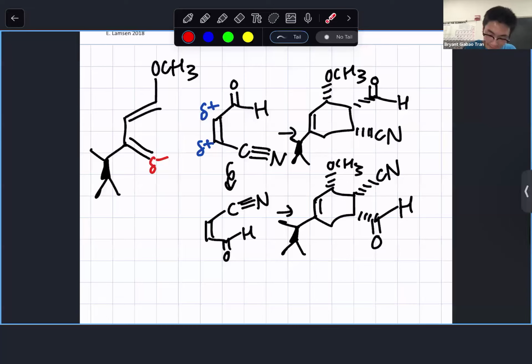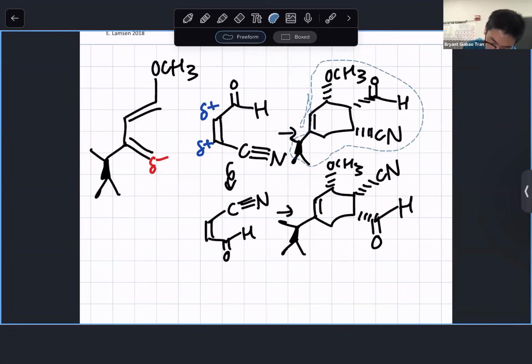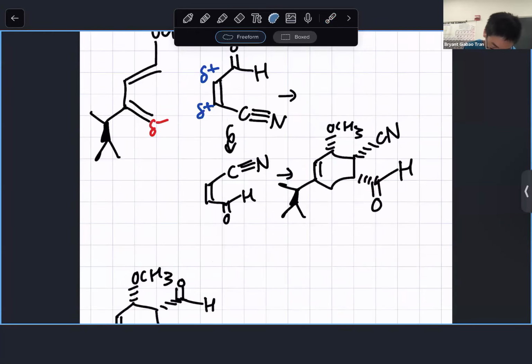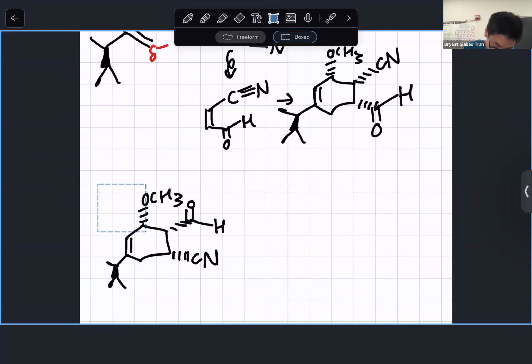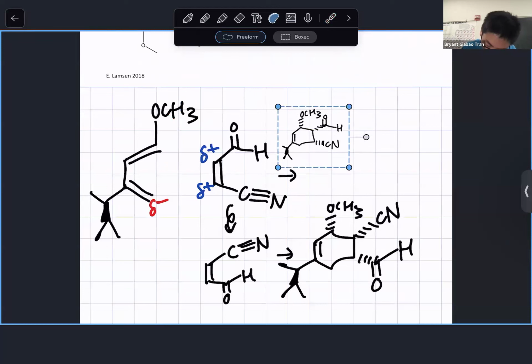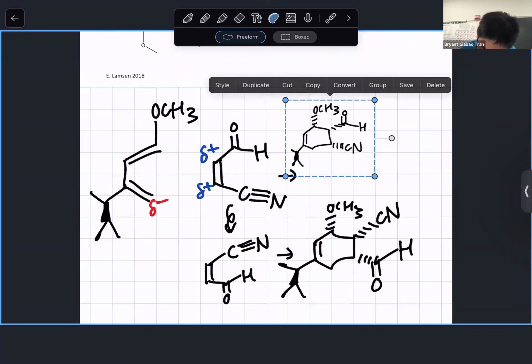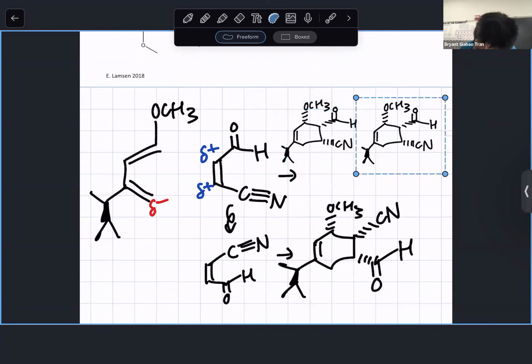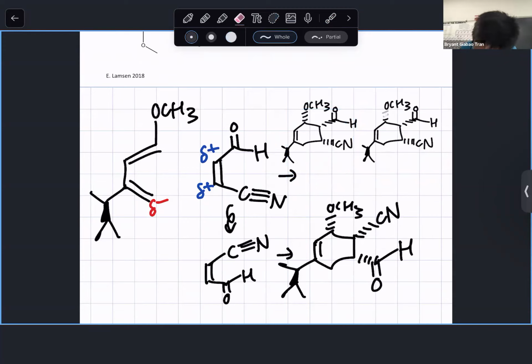So if we had something like that, let me draw out the diastereomers actually to make it more clear. Right. So we have that, or we could have this right here.